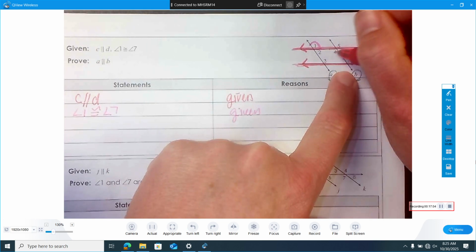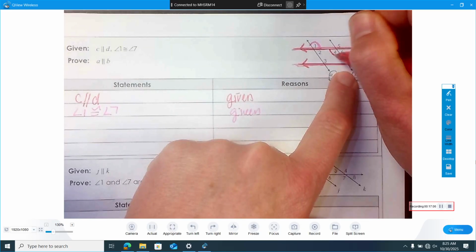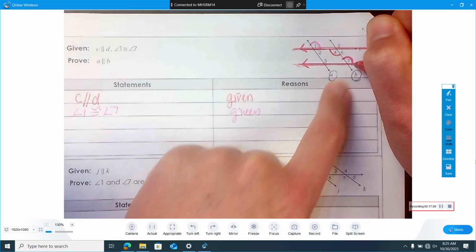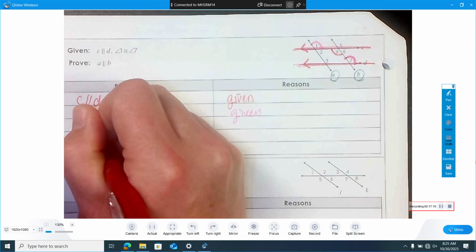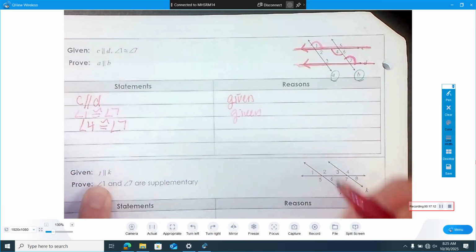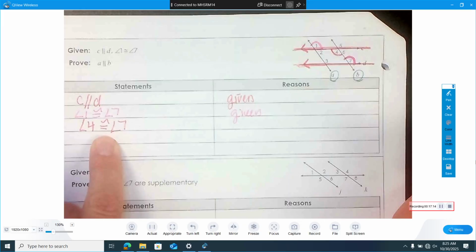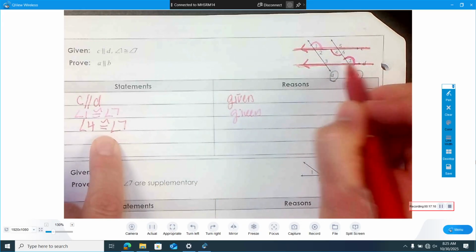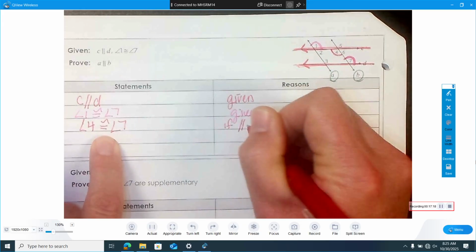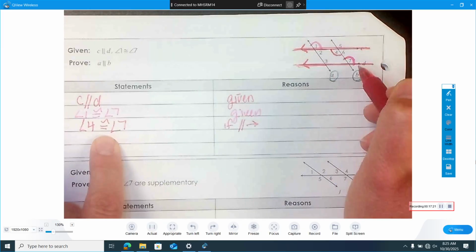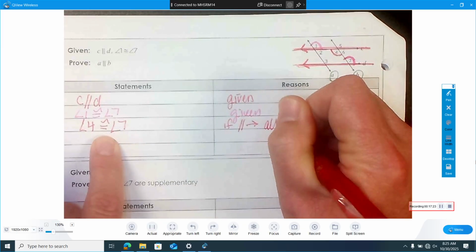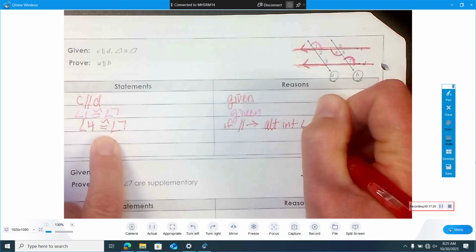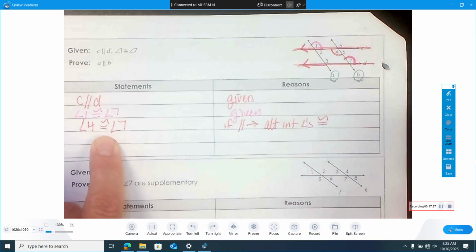So we would know here angle 4 is congruent to angle 7. And we know that because we have parallel lines. These are alternate interior angles, and alternate interior angles are congruent. Fantastic.